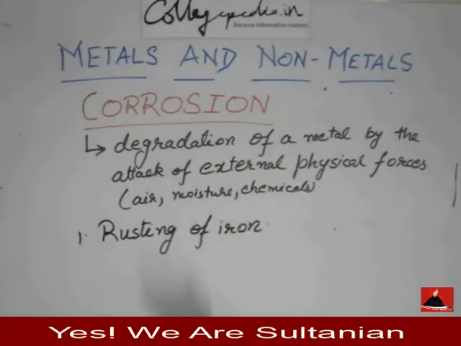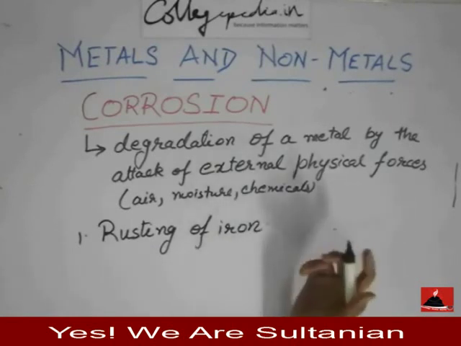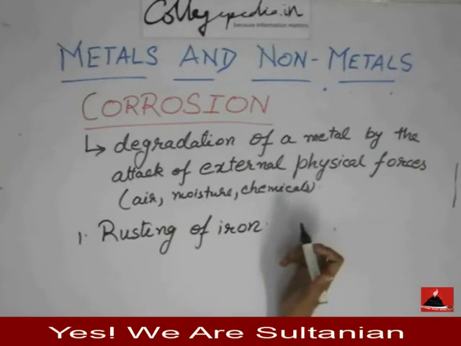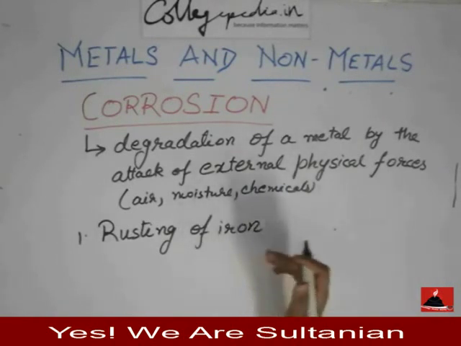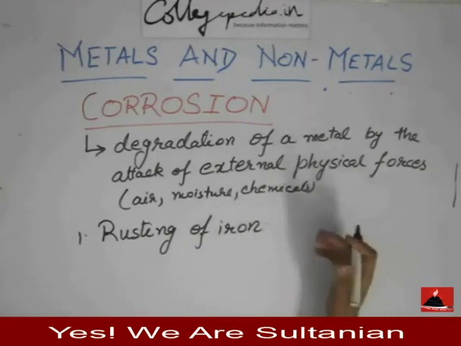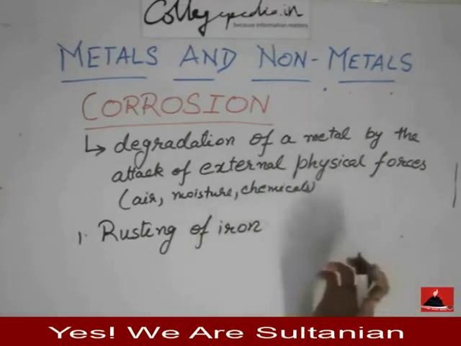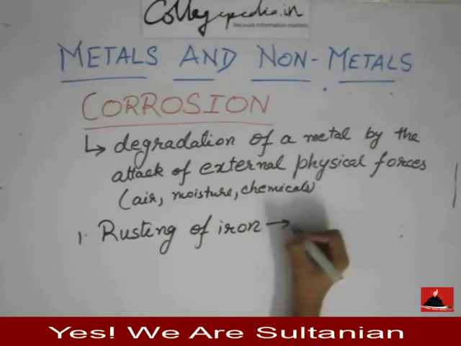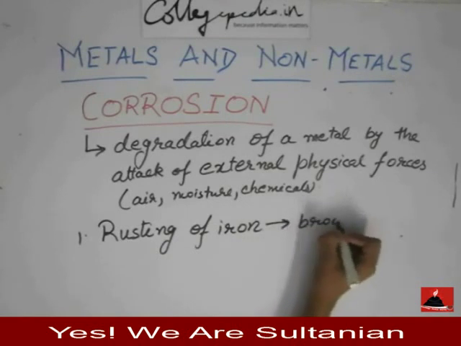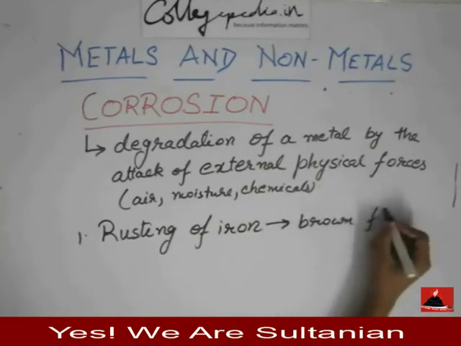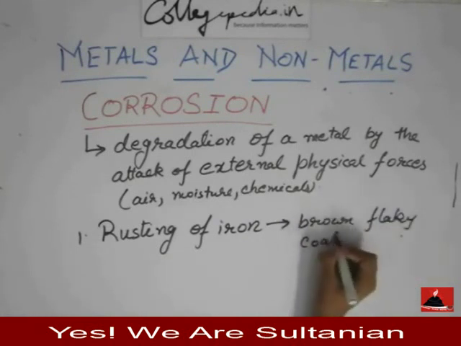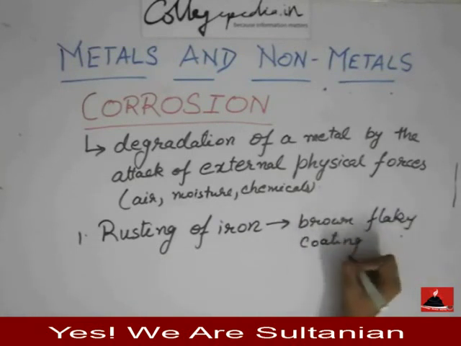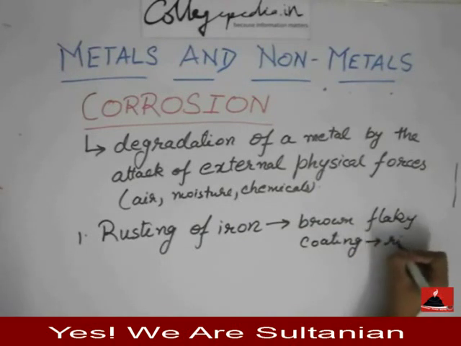You must have seen that any iron object, after being kept for a long time outside, exposed to air and moisture, will get a brown, flaky coating, which is called rust.